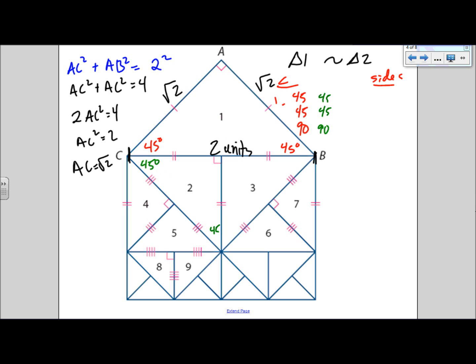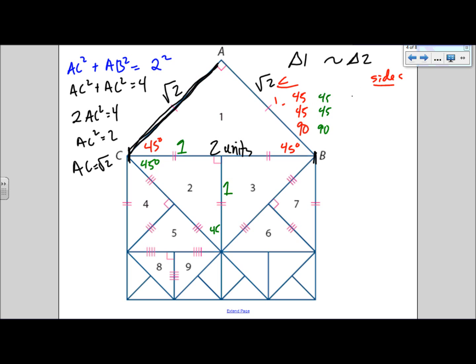Now, let's look at how the lengths work out in this triangle, C to the midpoint down to here. I know it's the midpoint because I have 2 little double slashes. That means this little length is 1 unit. This little length is 1 unit. So now we start setting up the proportions. This leg would technically be a short leg in the big triangle.